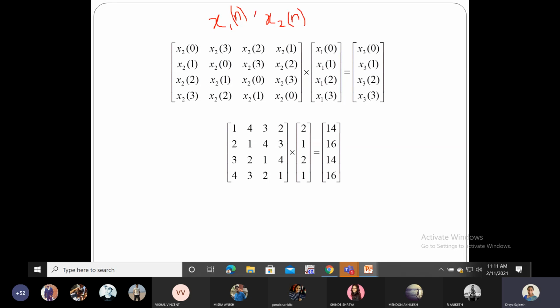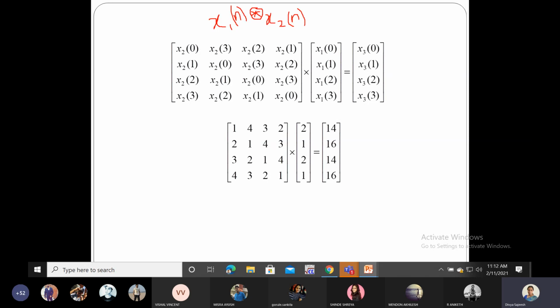Normally the symbol indicated is a star, but you have to put a circle around that: x1 of n, circle-star, x2 of n. That circle indicates the circular convolution.